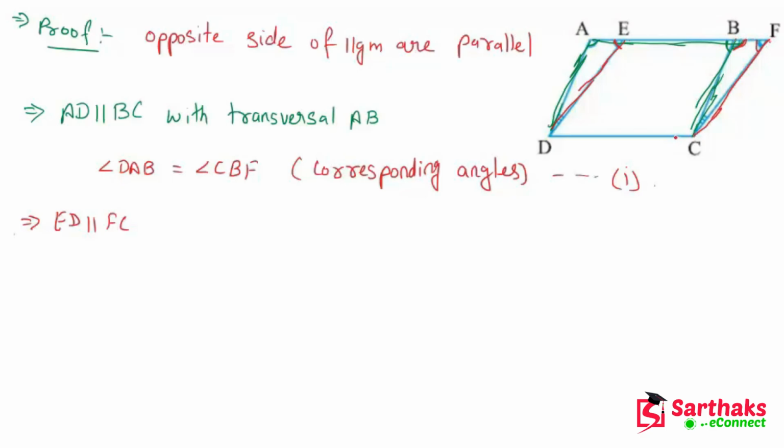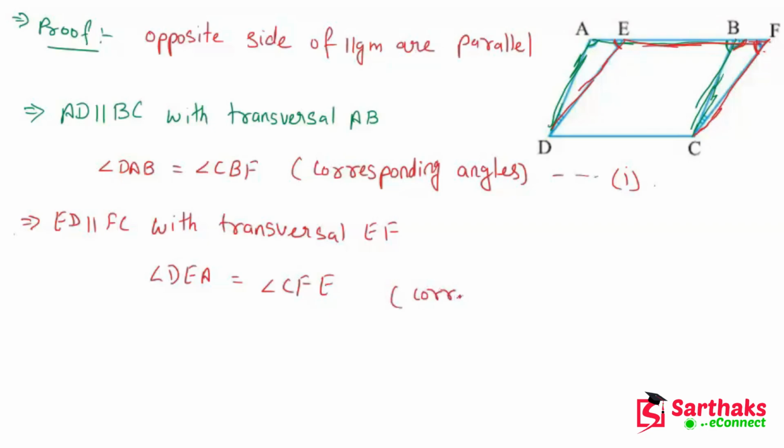Here we are taking the transversal EF. So angle DEA is equal to angle CFE, because they are corresponding angles. Let's suppose this is equation number 2.